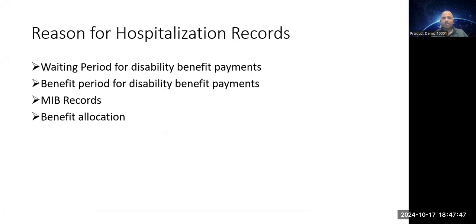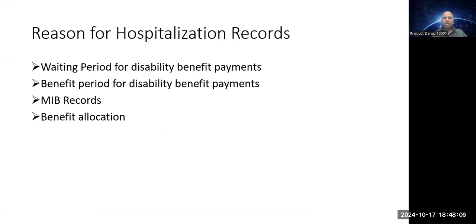Once again, some of the hospitalization benefits are separate from some of the other benefits that you get paid for disability, such as your first day hospitalization benefit, your hospitalization indemnification rider, and so forth.